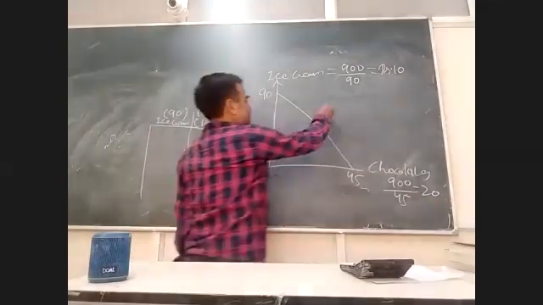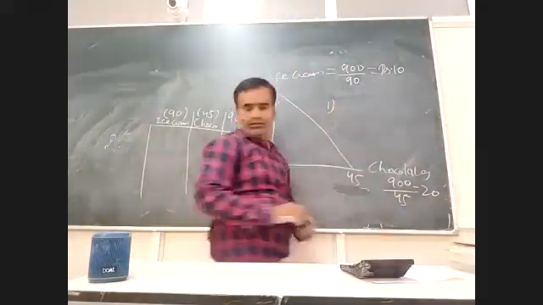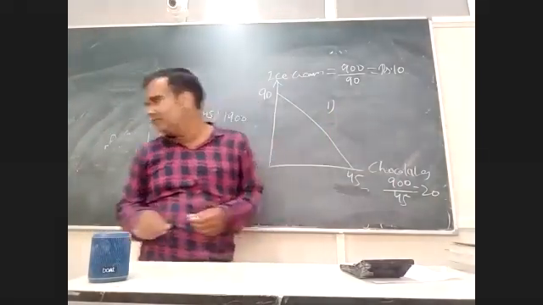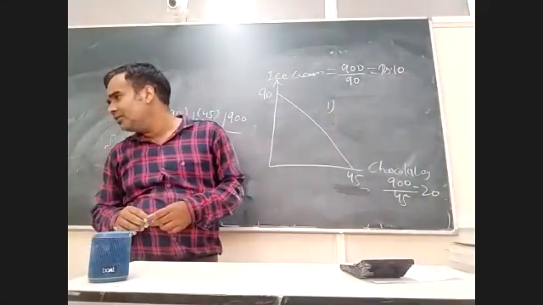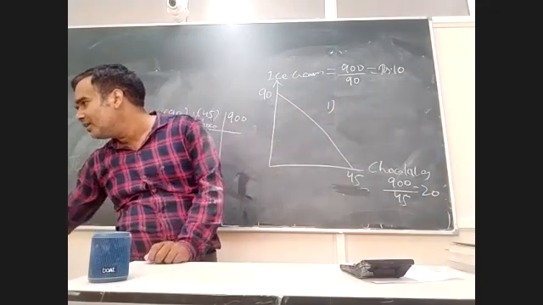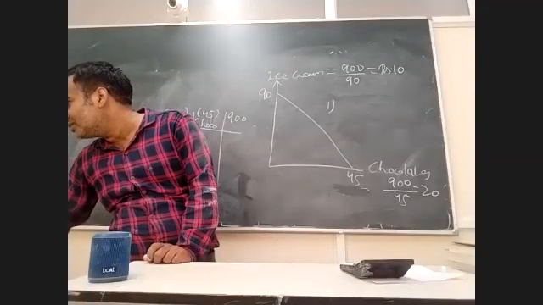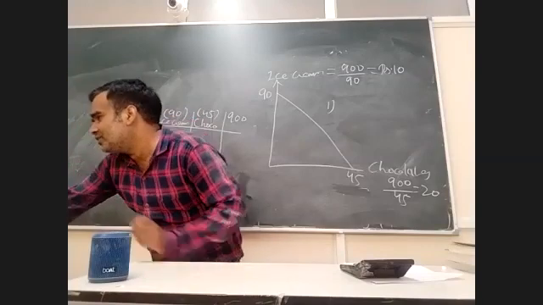So we have four options. First option is 10 and 20, the prices of the two commodities.